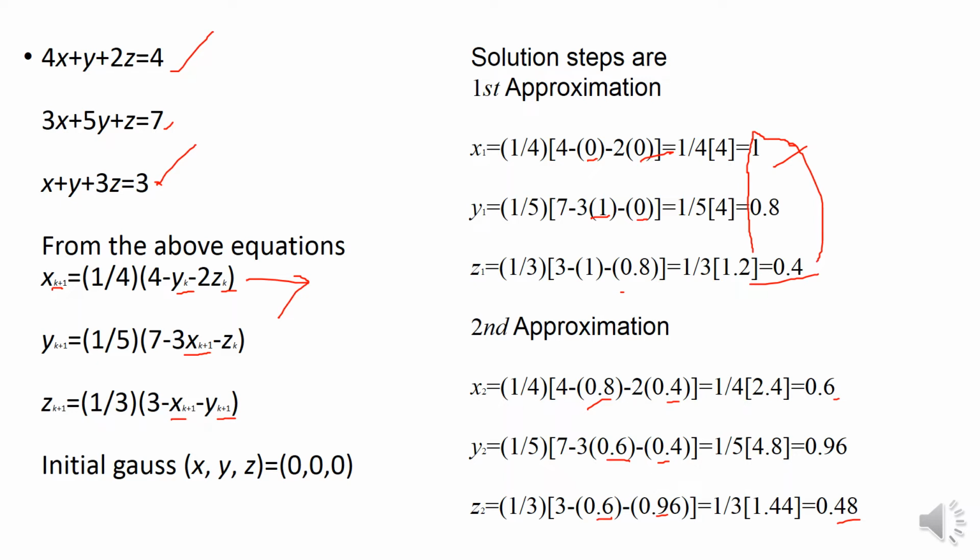Then we calculate the exact value with the help of Gauss elimination, not Seidel. After getting the exact answer with Gauss elimination, we will compare the result with the Gauss-Seidel result which we will get here.